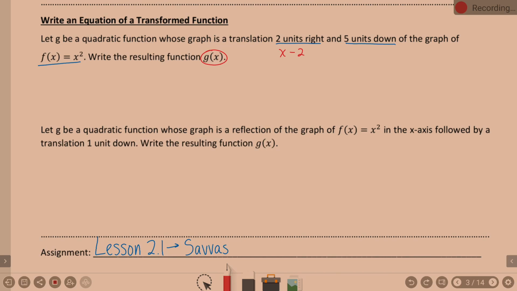How do I show 5 units down? To show 5 units down, we just do a minus 5 at the end, yes? Okay, now, the original one was f of x. They've asked me to call this g of x.